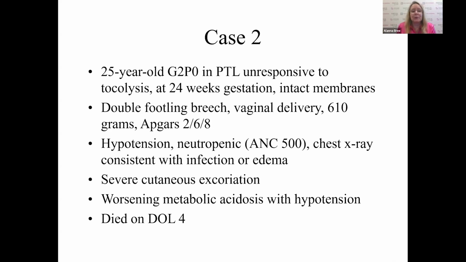The patient was hypotensive, neutropenic, and the chest X-ray was consistent with infection and/or edema, and then had severe cutaneous excoriation, I would call it ulceration, but excoriation is sometimes how it is described. Patient had worsening metabolic acidosis with hypotension and died on day of life 4.